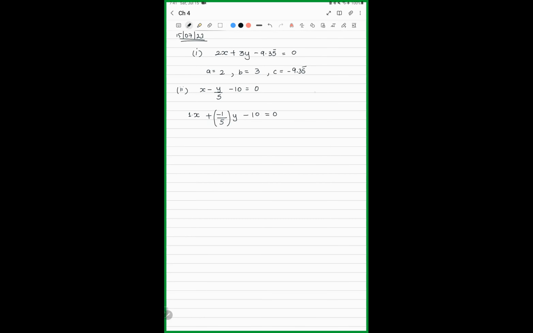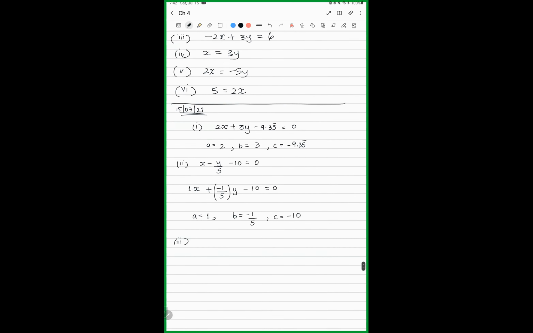Okay. What is A, B, and C here? A is 1, B is minus 1 by 5, and C is minus 10. Very good, Abdul Rahman.